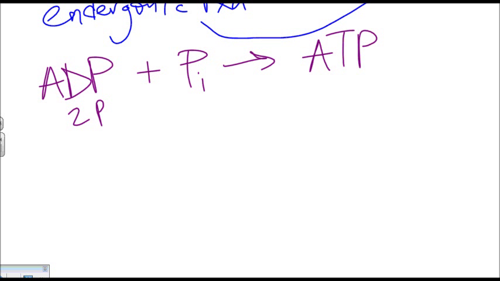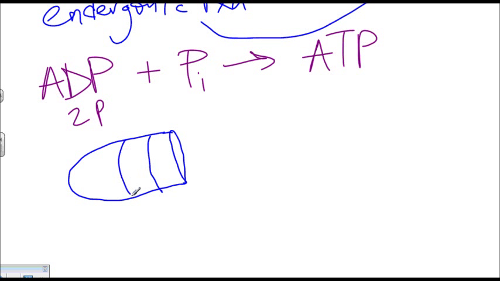Another way I'd like to show it is, I'm going to draw it as such. Picture it being like a capsule, so we've got the opening of the capsule. In this capsule we have the A and then the two P's, the diphosphate. This is what we call ADP.